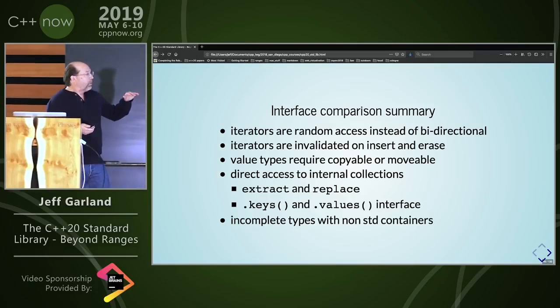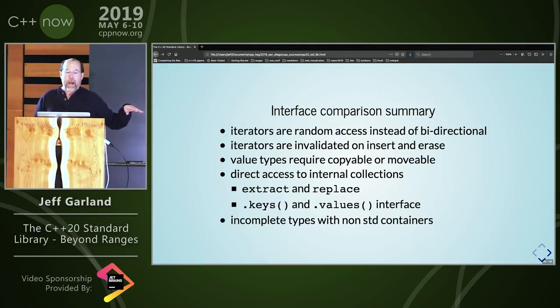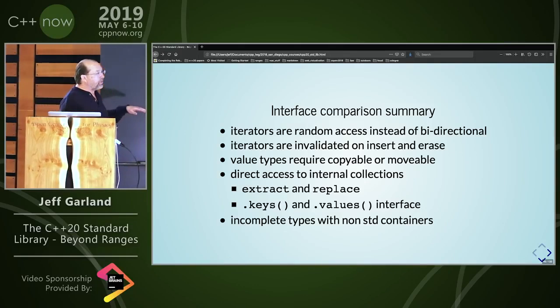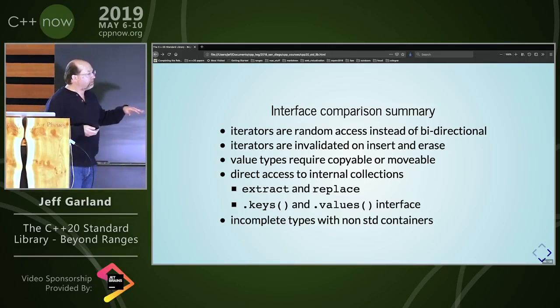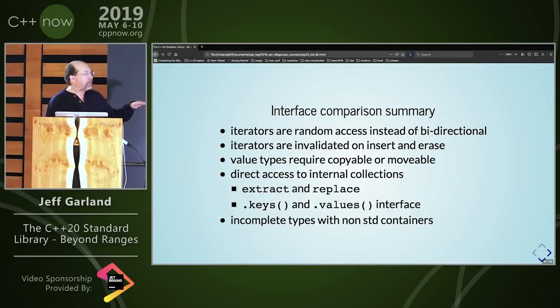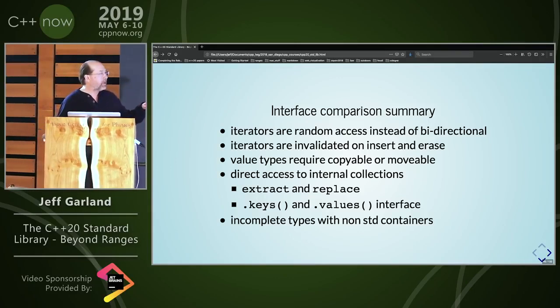So one other note, if you're thinking about using incomplete types because you've used Boost flat_map, which definitely supports incomplete types, there's no fundamental reason why these adapters can't do that, but the underlying container types are going to have to allow incomplete types.